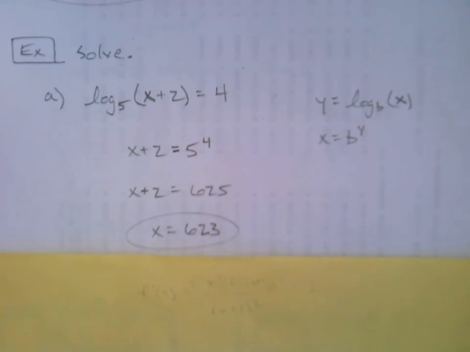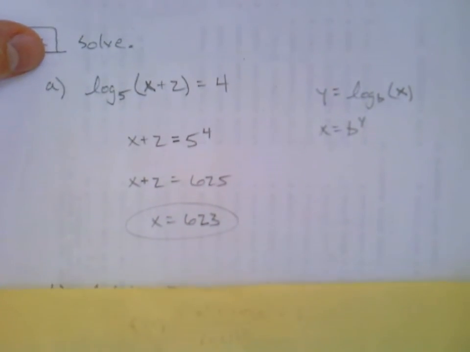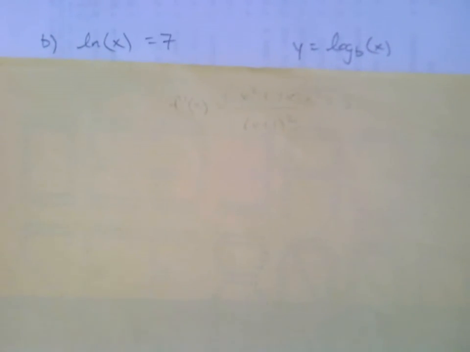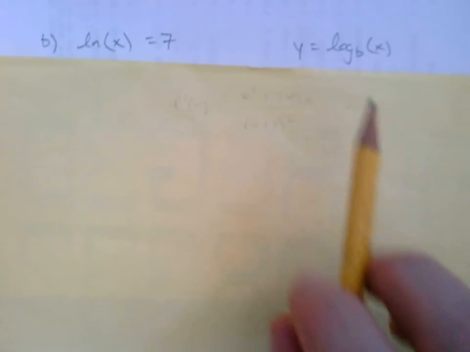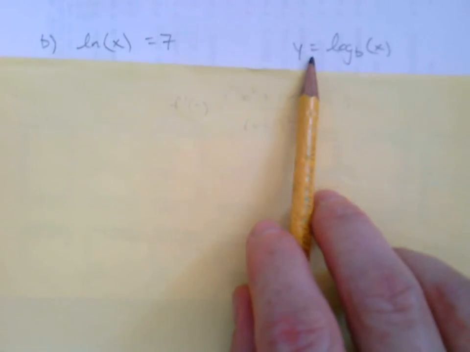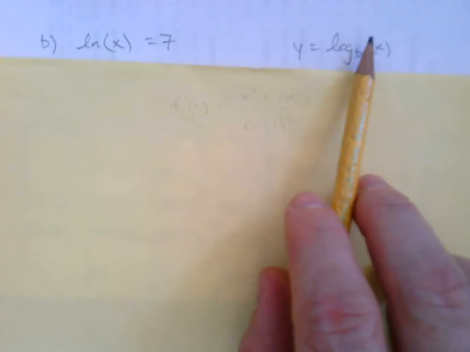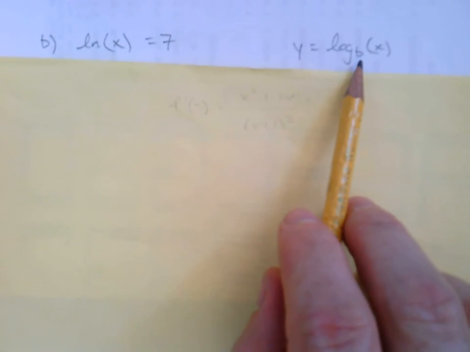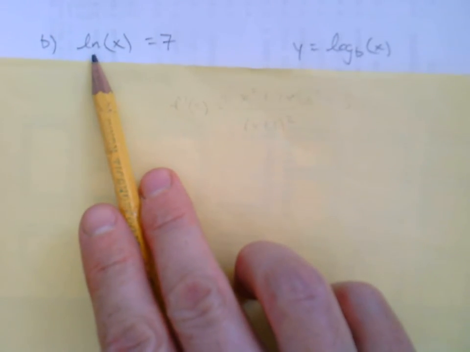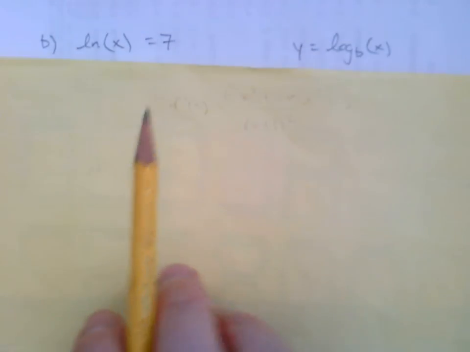Okay. I think I got one more for us. This one involves a natural log. Can I line it up there on the page? All right. The natural log of x equals 7. So I'm going to think of it as being in this form. My y is 7. X is simply x. The base, well, if you remember, for natural log is e.